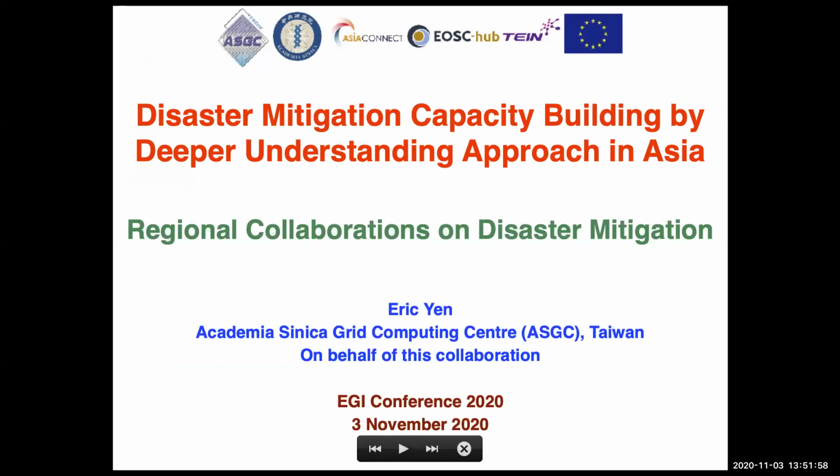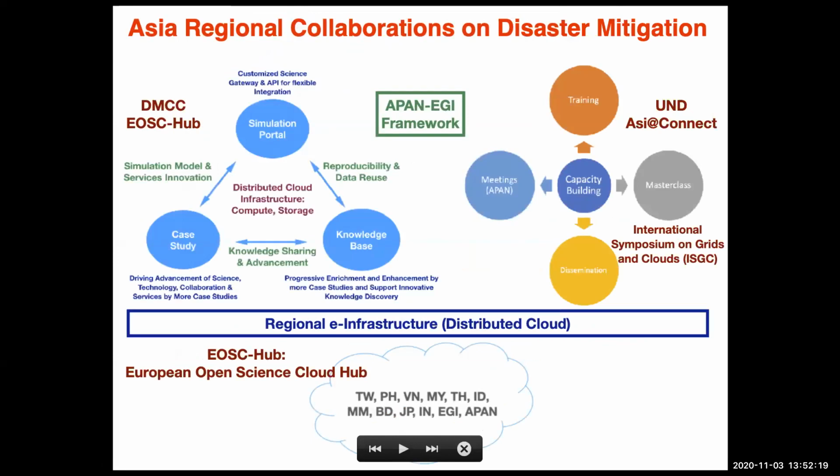Hello, everyone. I'm reporting the status and works of the disaster mitigation capacity building by deeper understanding approach in Asia, on behalf of the collaboration led by the Disaster Mitigation Competence Center, one of the competence centers in EOSC Hub. The regional collaboration on e-science for disaster mitigation in Asia started from the EU-Asia Grid project in 2008.